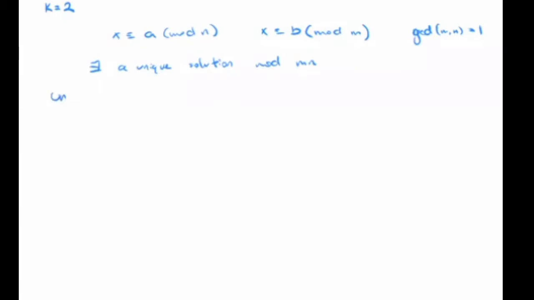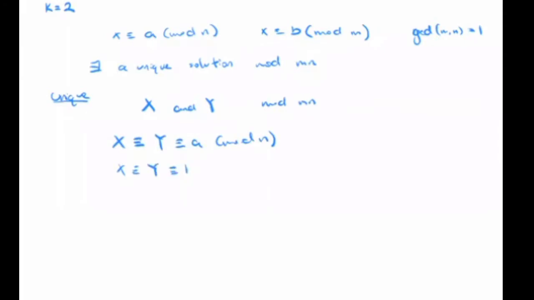So we first prove the solution is unique, right? Because if we were to have two different solutions, like x and y mod mn, then this will imply x is congruent to y is congruent to a mod n, and x is congruent to y is congruent to b mod m.